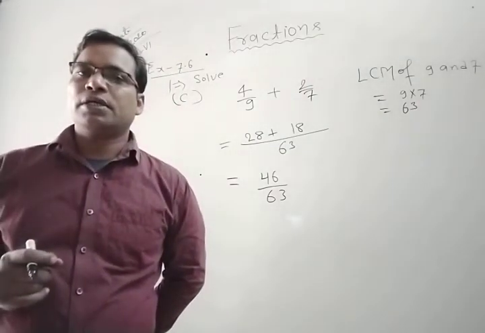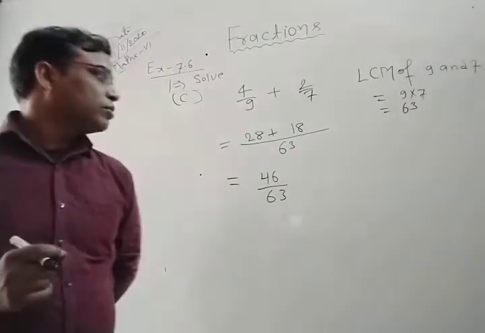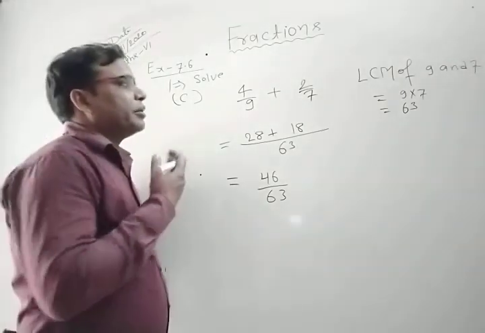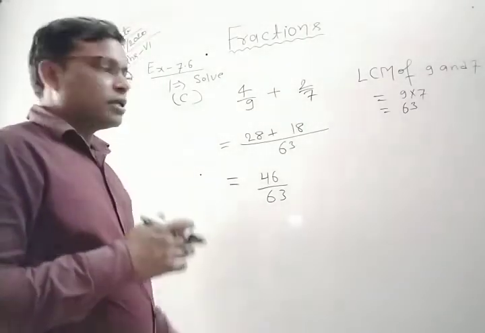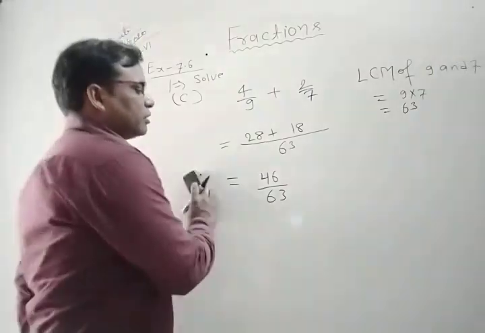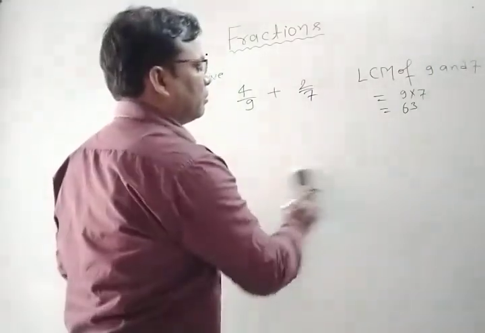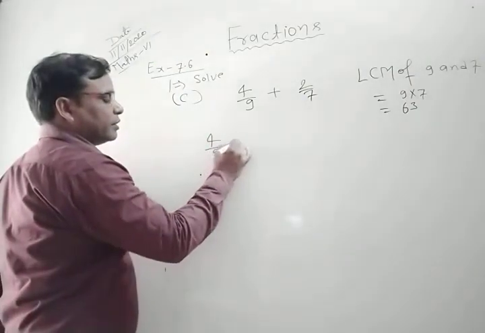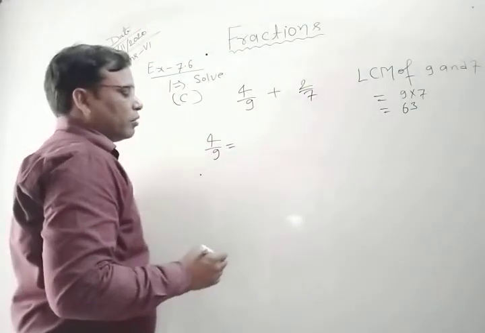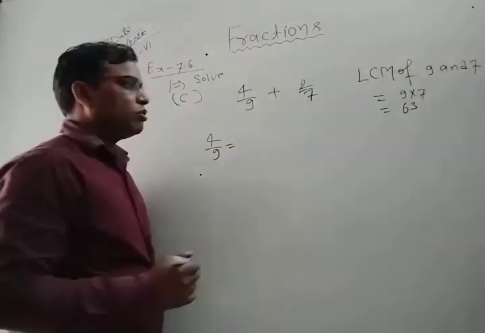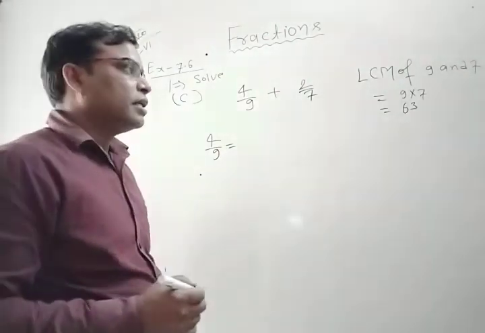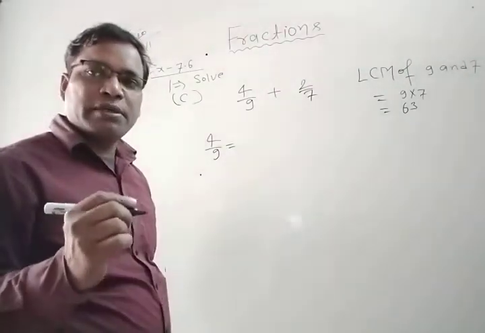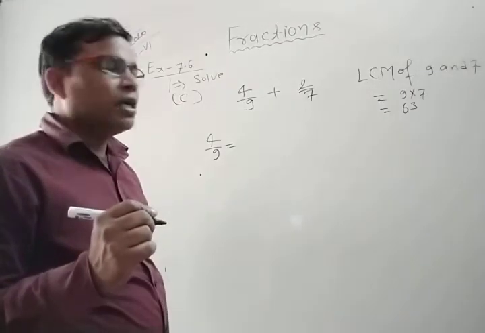Okay, now the next rule: if you want to make them like terms, you can also solve it this way. First write 4 by 9 is equal to, which number multiplied by 9 will become 63? 63 is the lowest number that is a multiple of 9 and 7.